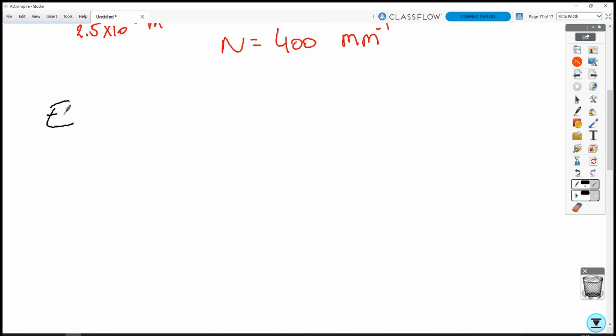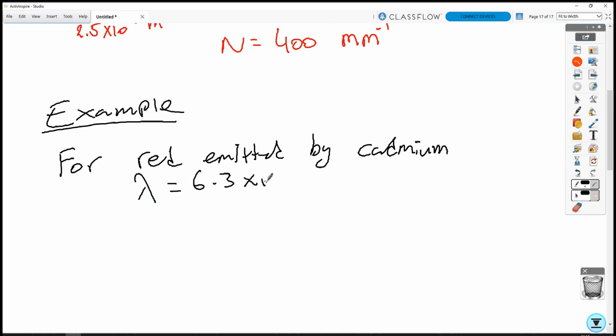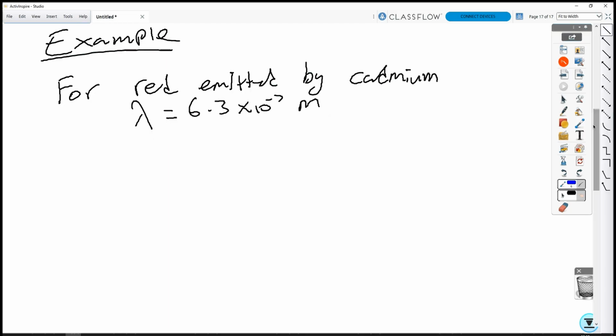Let's do another example. So for red light emitted by cadmium, lambda equals 6.3 times 10 to the minus 7 meters. So if I draw a diffraction grating, I'll just change that back to black.